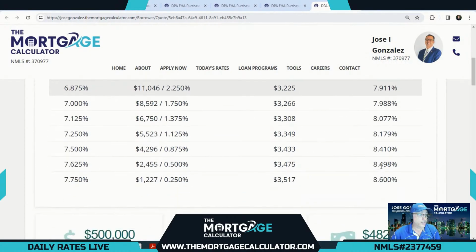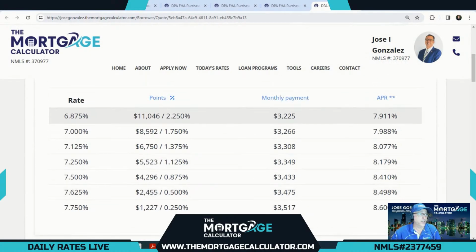So you can see the difference in the rates though, right? This is 3.5% sales price forgivable DPA. 7.75 is almost at par. That's our lowest cost option.